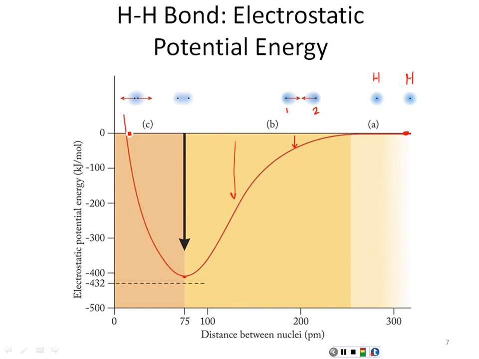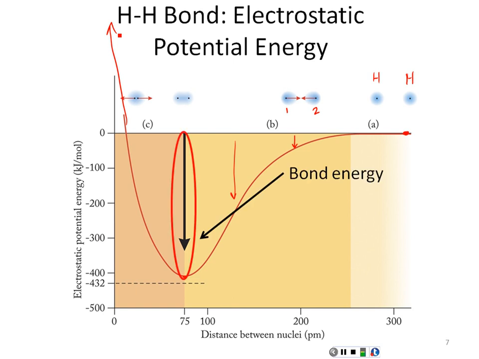And then if you follow this curve up to very close distances, it gets really, really positive. So that's a very, very strong repulsive force. Well, the depth of this minimum equals the bonding energy of those two atoms.